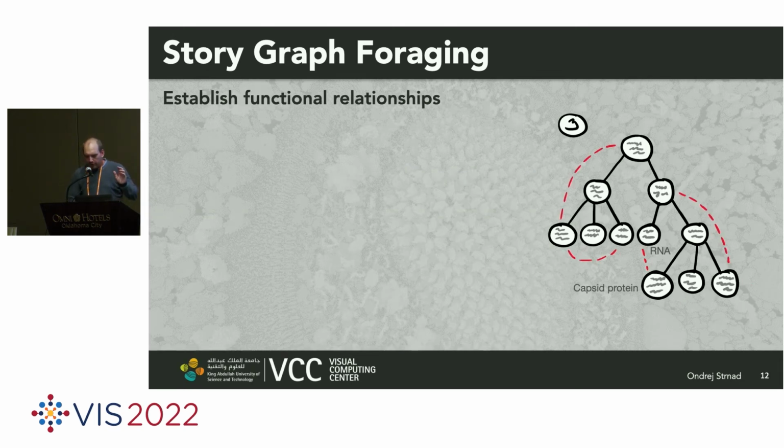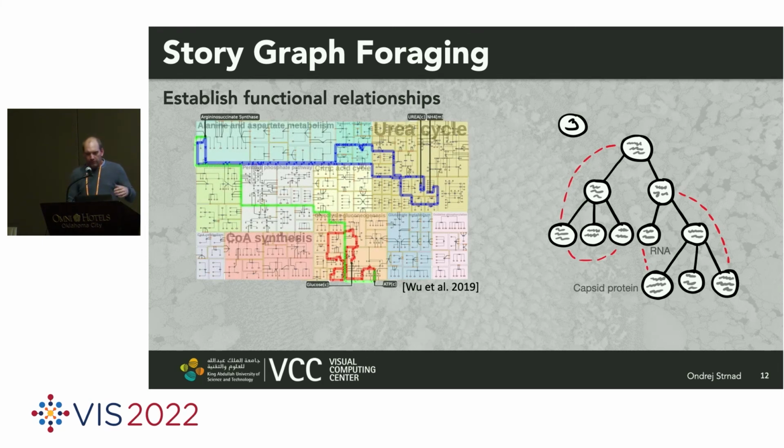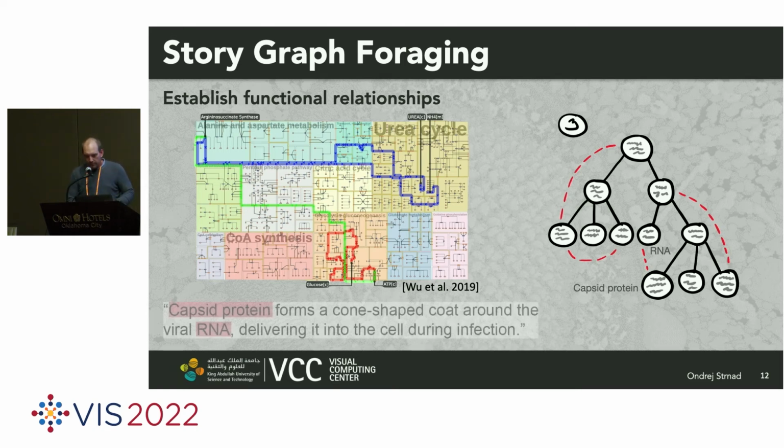So far, we have a story graph with structure edges only. We want to add the functional edges as well. Again, there are multiple strategies for how this can be done. For example, we can use something called metabolic pathways that describe the chemical reactions within a cell. But we decided to implement something easier.